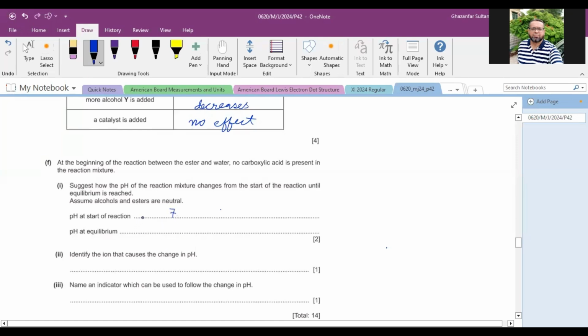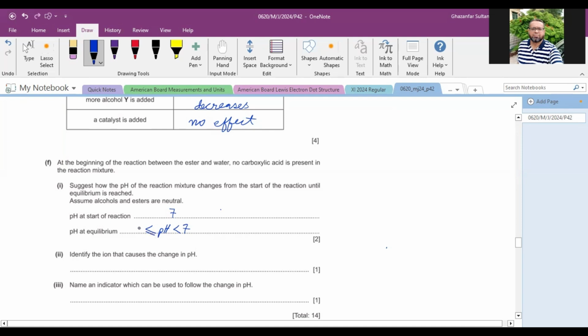But definitely when the reaction starts, meaning hydrolysis of ester starts, then there is an appreciable amount of carboxylic acid that decreases the pH. As it is acid, so definitely the pH must be lesser than 7. But one more thing that should be remembered, that this carboxylic acid is a weak acid.